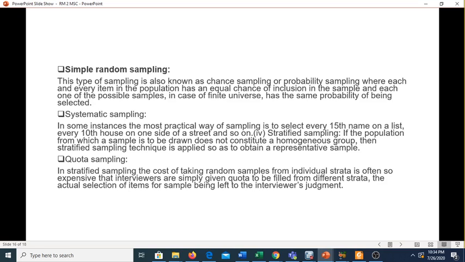And according to statistics for economists, we learned about different types of sampling, which I want each one of us to actually review.